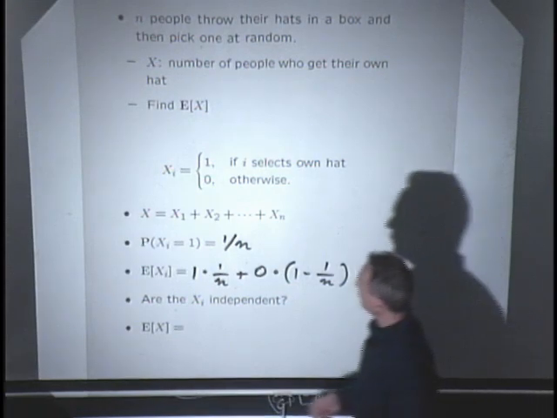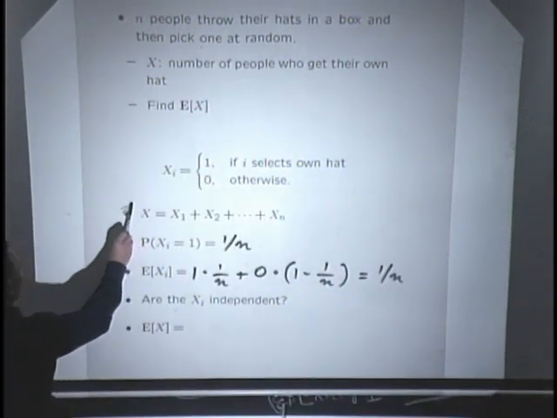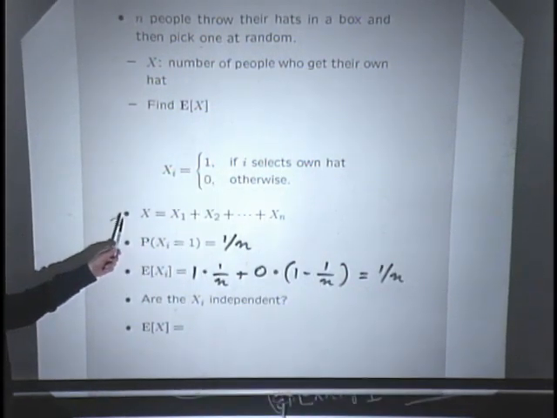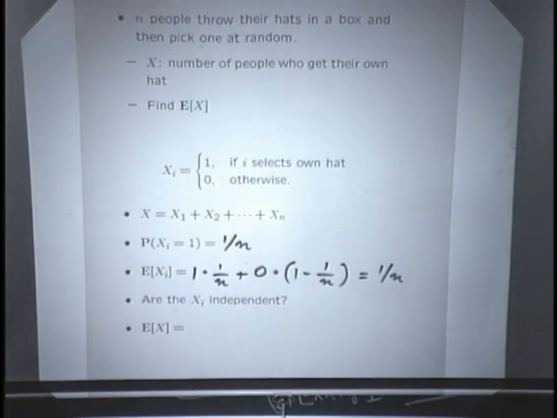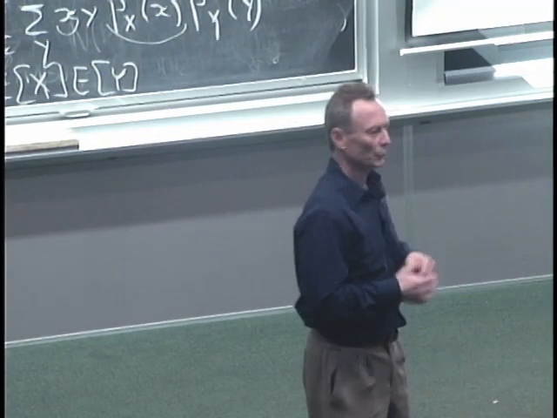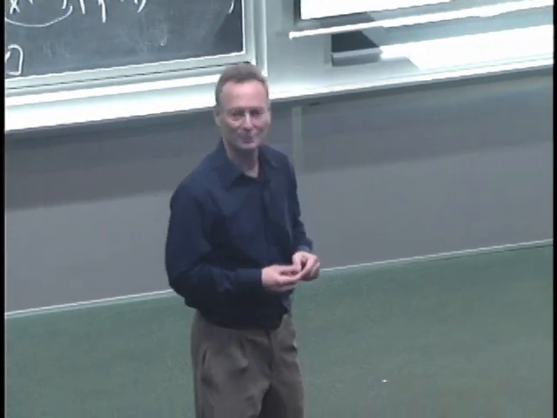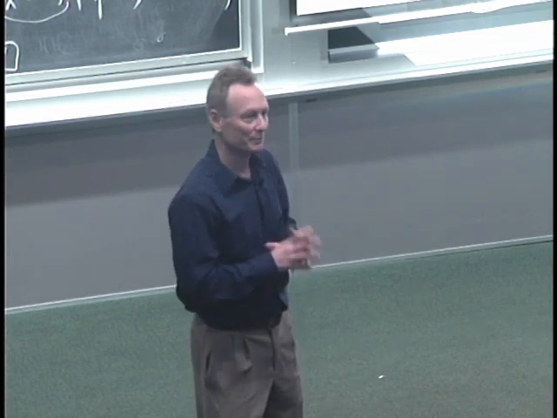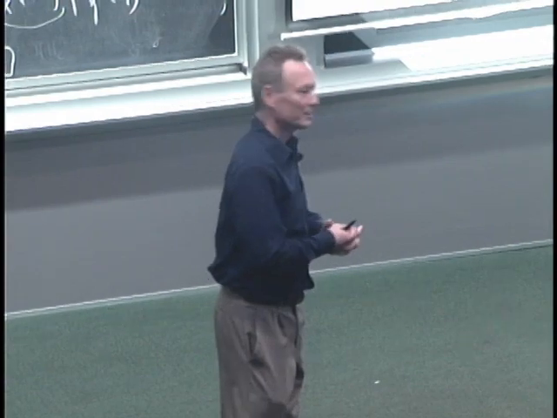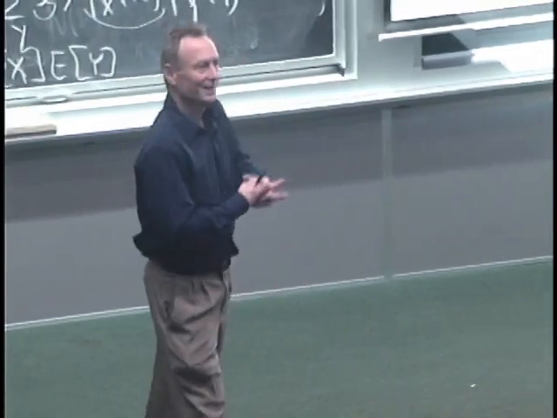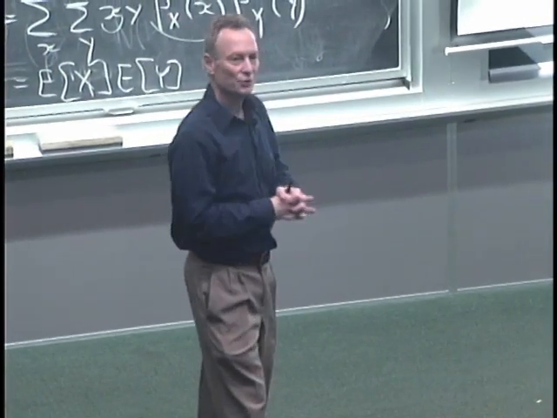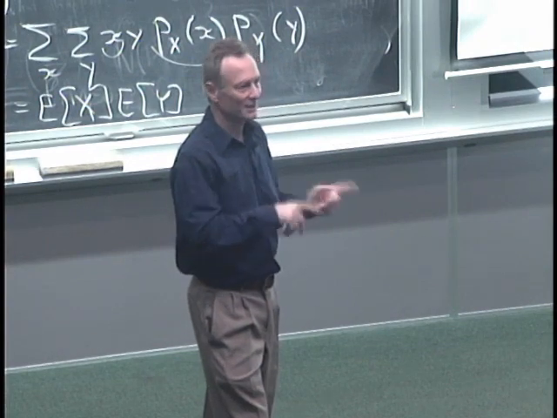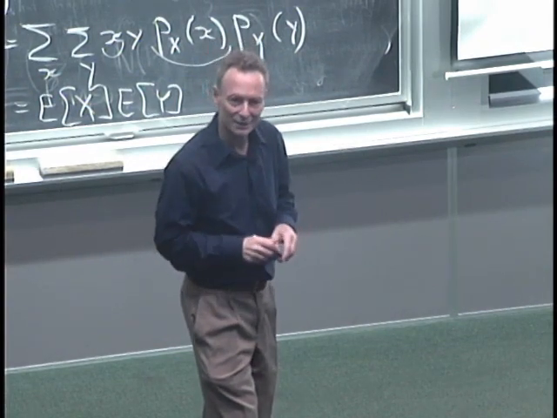And remember, what we want to do is to calculate the expected value of x by using this decomposition. Are the random variables xi independent of each other? You can try to answer that question by writing down a joint PMF for the x's, but I'm sure that you will not succeed. But can you think intuitively? If I tell you information about some of the xi's, does it give you information about the remaining ones?